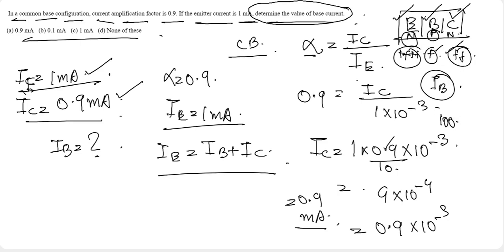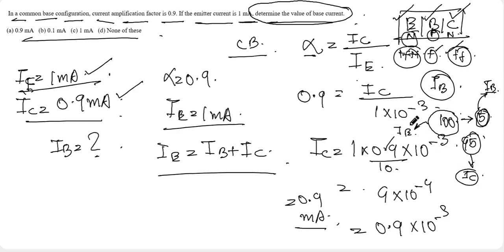Suppose 100 electrons are passing, only 5 of the electrons will recombine with the holes, and the remaining 95 electrons will pass on to the collector terminal. So these 100 electrons are responsible for the emitter current, these 5 electrons for the base current, and these 95 for the collector current.